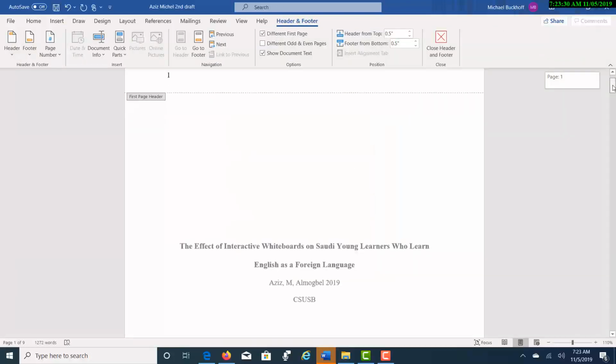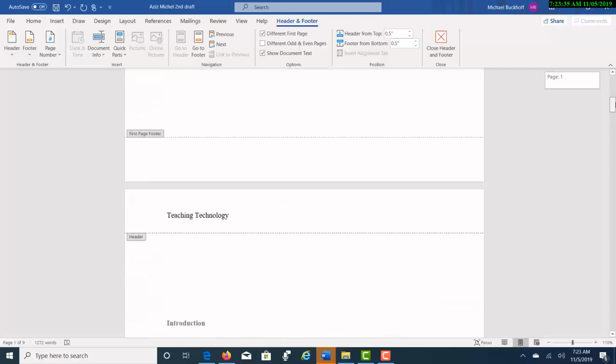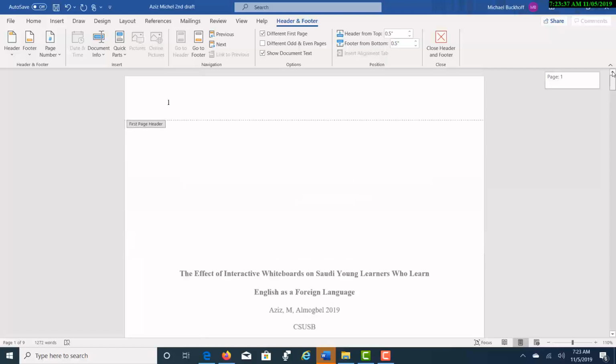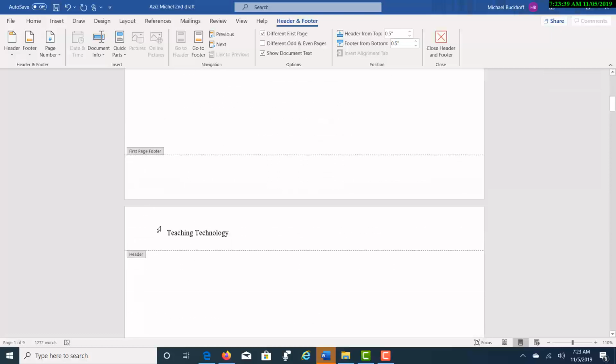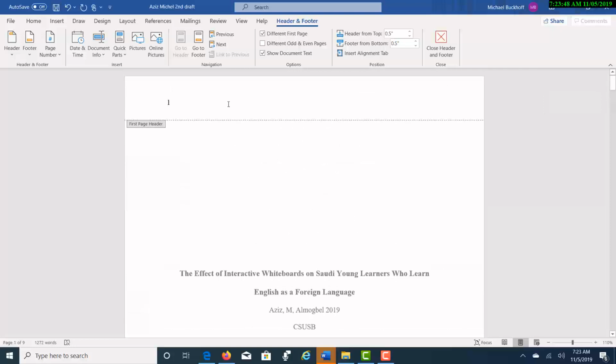Now the key is to have this go through every page. See if we can get this where it's showing up on every page.